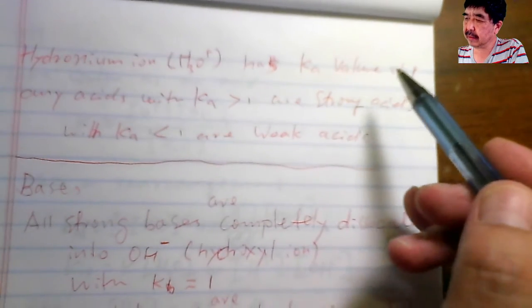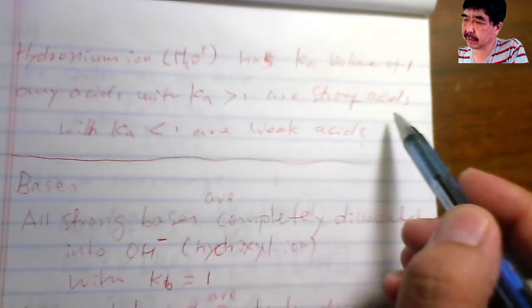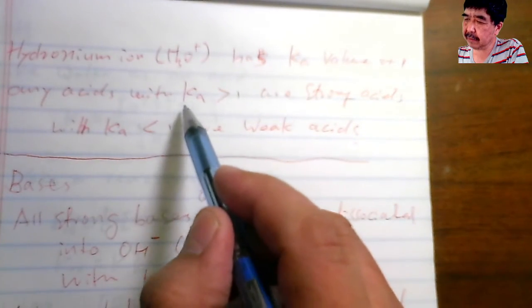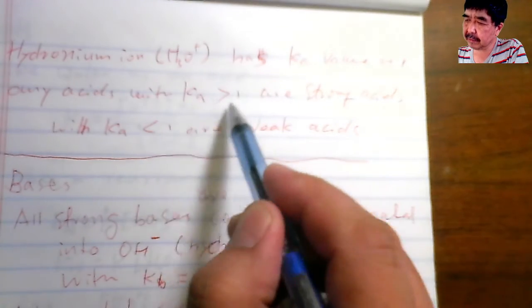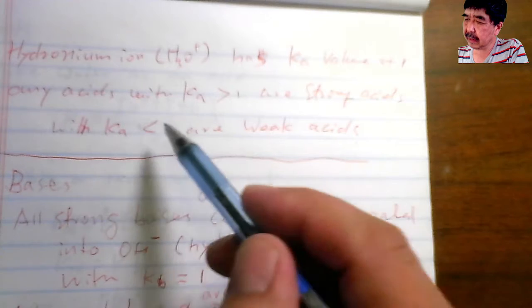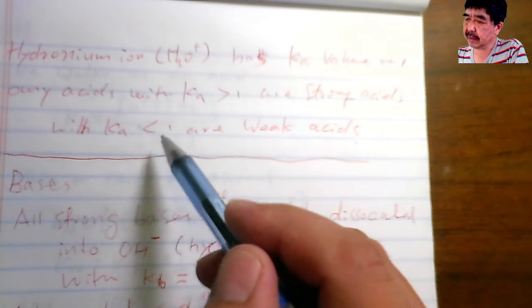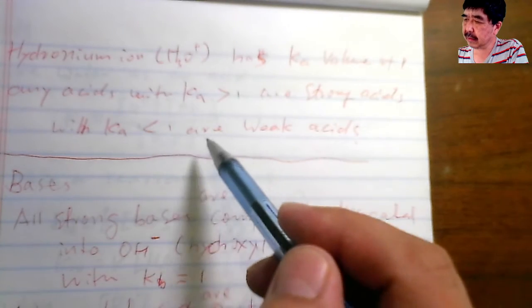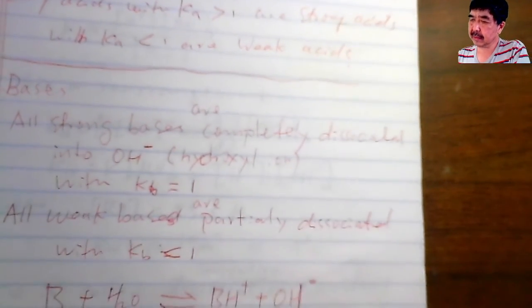So all acids with a Ka larger than 1 are strong acids, and if an acid has a Ka smaller than 1, that acid is a weak acid. That's about the acid.